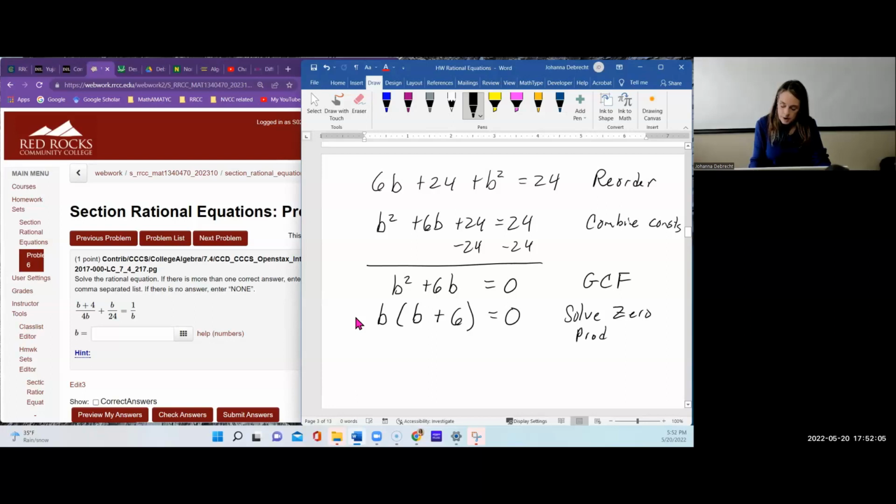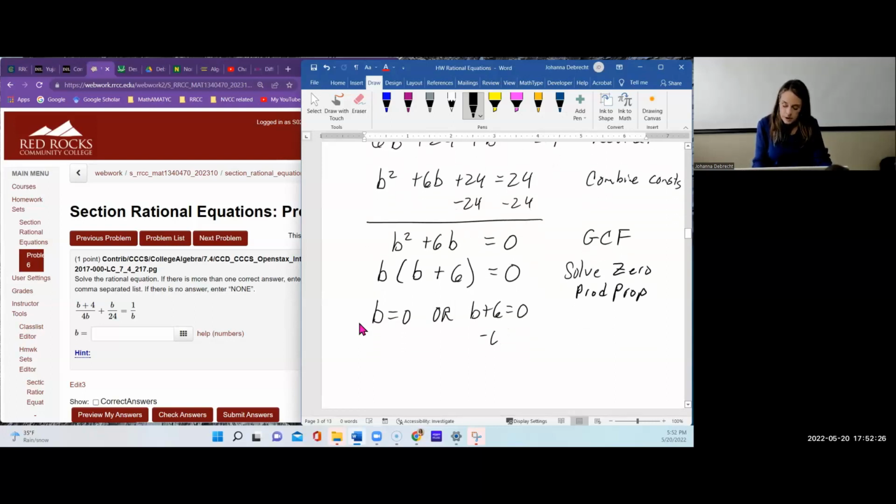Remember, the zero product property is the one that tells you if two things, the b and the group factor b plus 6, are multiplied together and you get 0, one of these things has to be 0. And that means either b equals 0 or b plus 6 equals 0. Solving b plus 6 equals 0, I get instead that b equals -6. This is two possible solutions, 0 and -6.